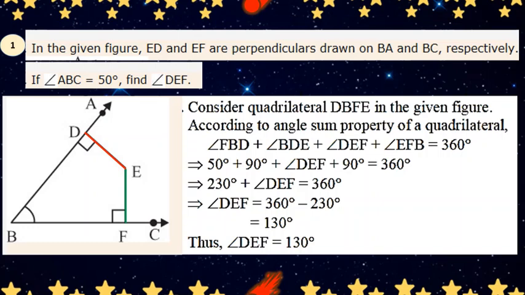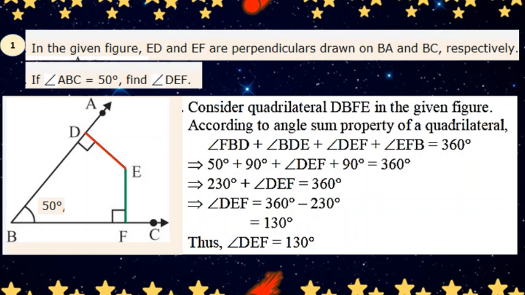Three angles are given, 90, 90, 50. Let me write the 50 also. Only one of them is not given, so you have to find that.